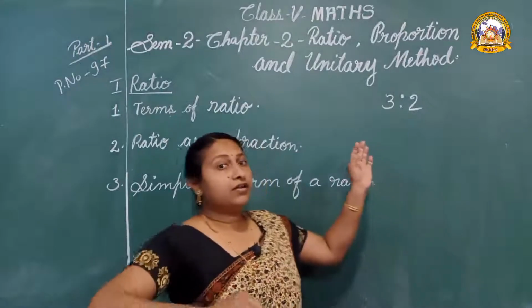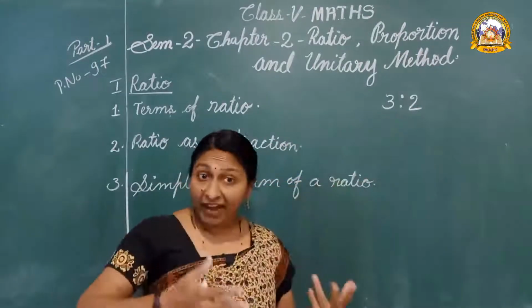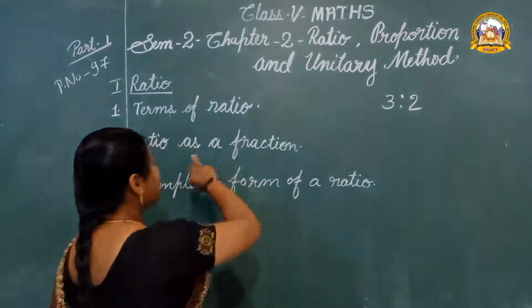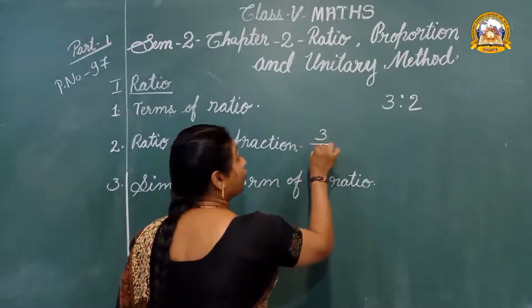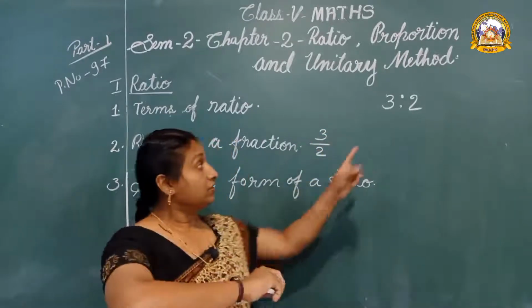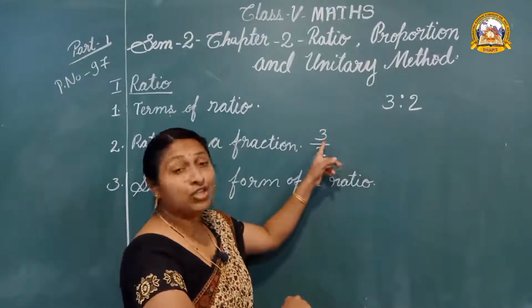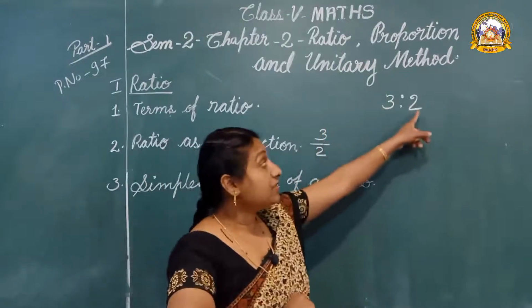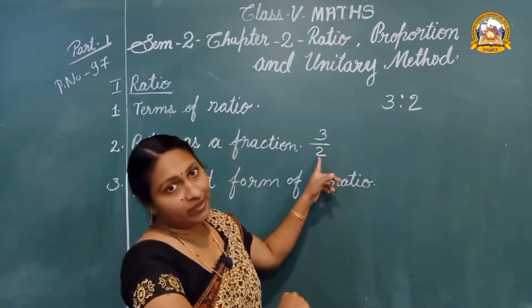And also we can write these two terms as fraction. How can we do that? Look here. 3 upon 2. This antecedent will be the numerator and the second term consequent will be the denominator.